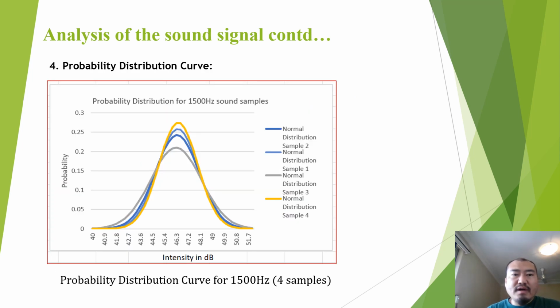We have ultimately done this experiment also to plot a probability distribution curve. Here, four samples were taken for the 1500 hertz, and we can see that the yellow line, the distribution of sample 4, is having more accuracy or better probability than others.